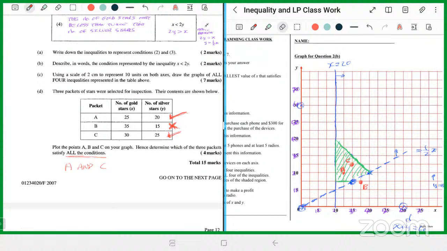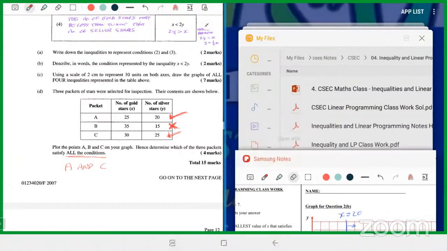We just did June 2022 a while ago. 2022 question 8. Ah, 2022 question 8. I think I'll finish off with this one. Nice question.